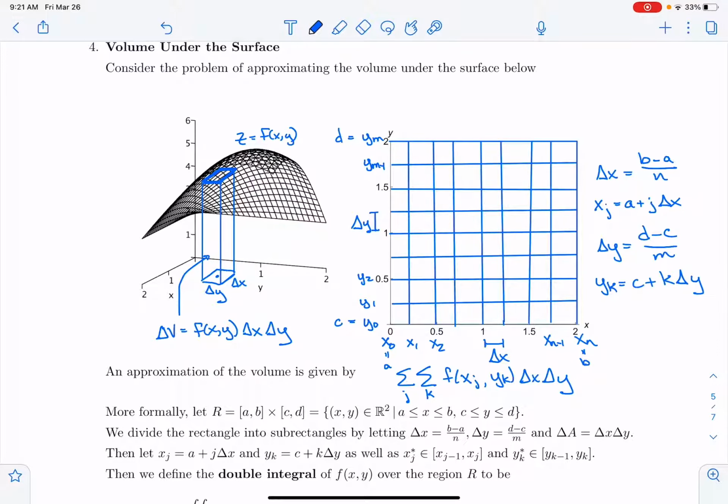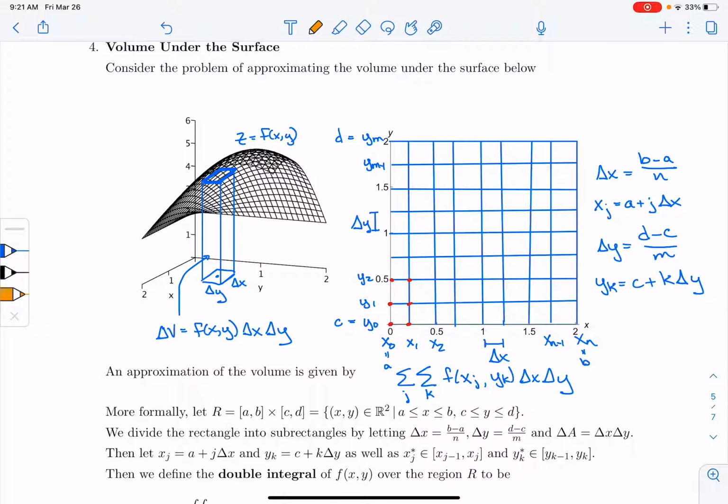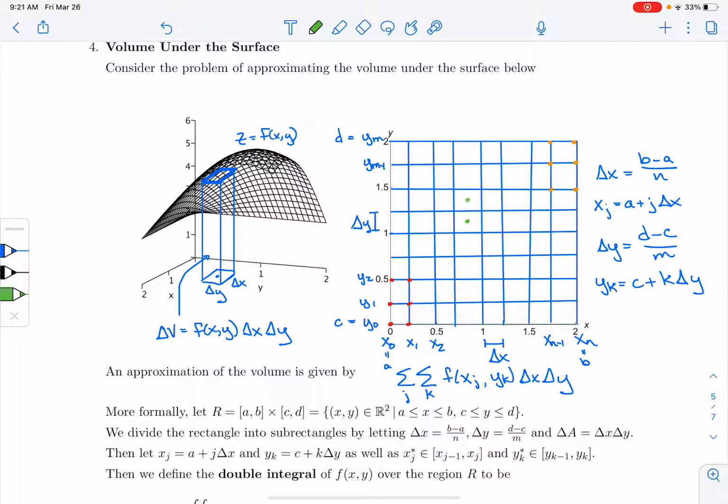And then there are choices for which point within each square I might want to pick. I could always pick the lower left-hand corners of these squares. I could imagine a scenario in which you're always picking the upper right-hand corners. Or I could choose midpoints of these squares.